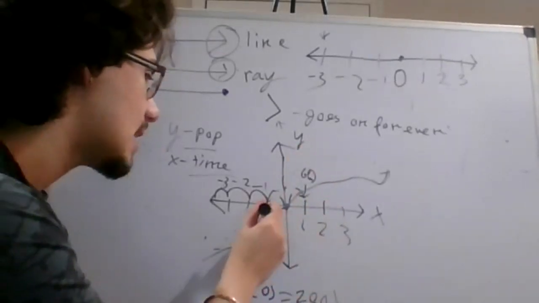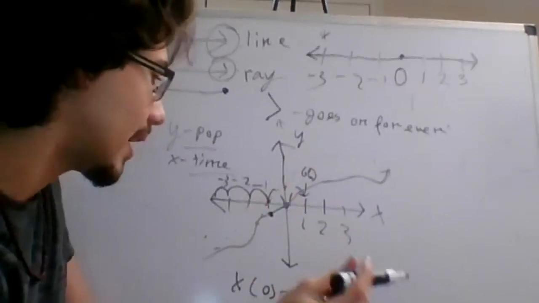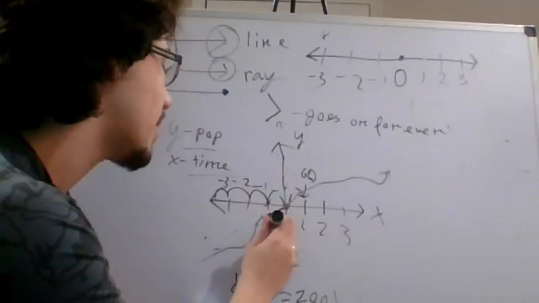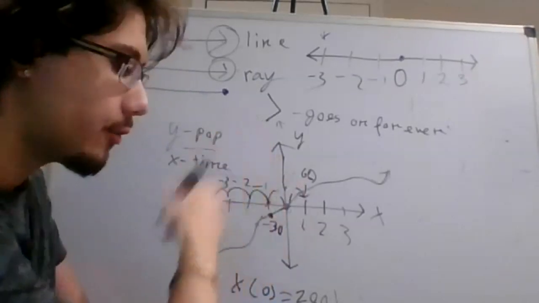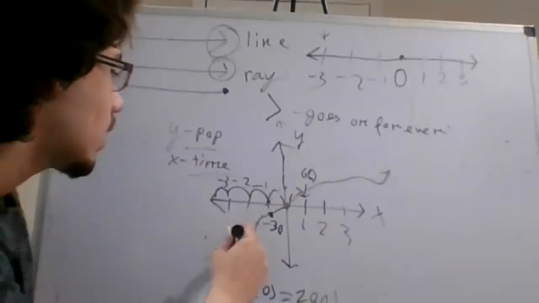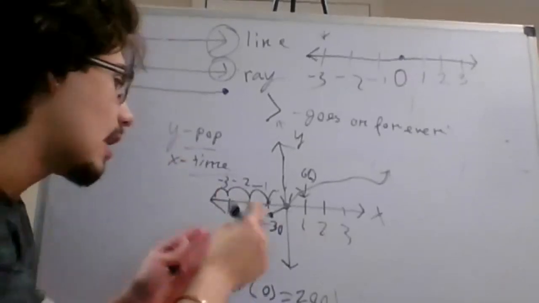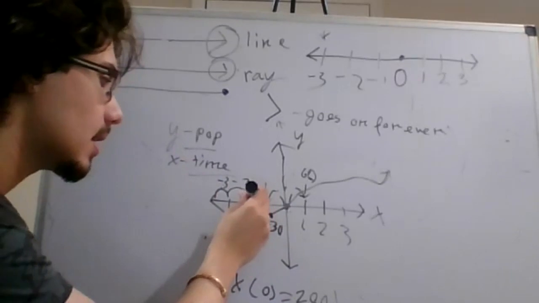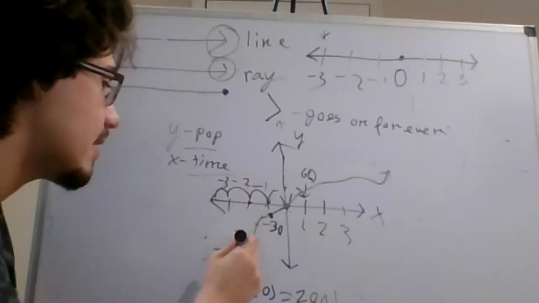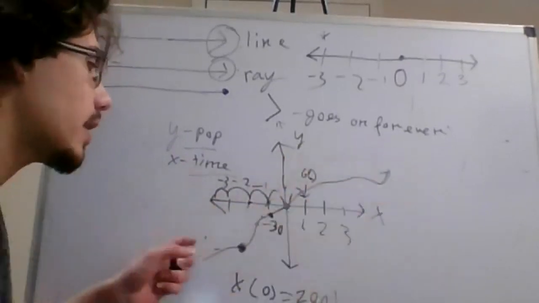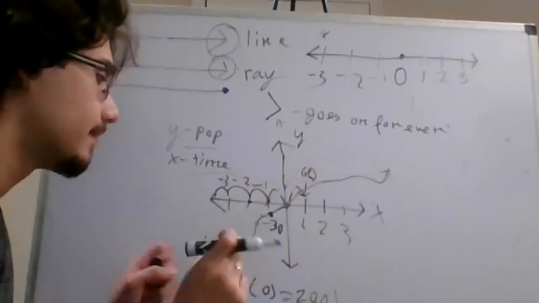But in the past, it could also describe how much the population grew from previous years. So if we started our graph at year 2 and said that this was our starting population, we could adjust our graph accordingly. So we would start here.